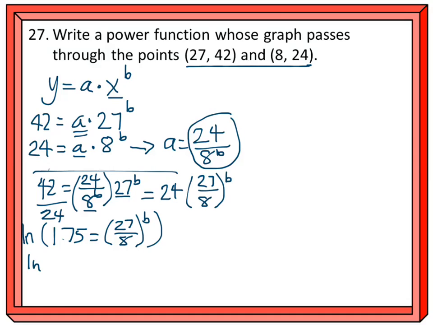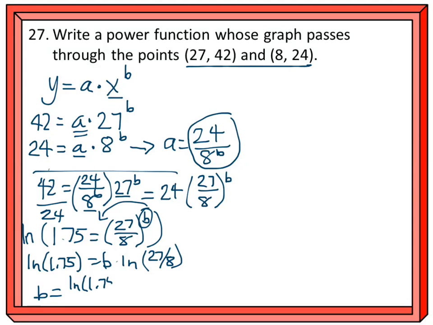It's just natural log of 1.75. And on the right-hand side, the b, the power, gets to come out by the power property: b times the natural log of 27/8. Now, finally, to solve for b, we're just going to divide by the natural log of 27/8. So b is equal to the natural log of 1.75 divided by the natural log of 27/8.